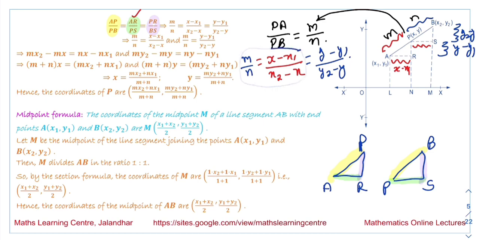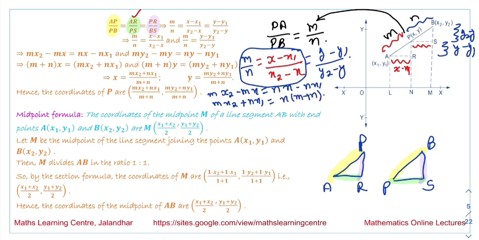If we look at these two equations and cross multiply, we will get mx2 minus mx, which is equal to nx minus nx1. So we get mx2 plus nx1 equal to x common, m plus n.